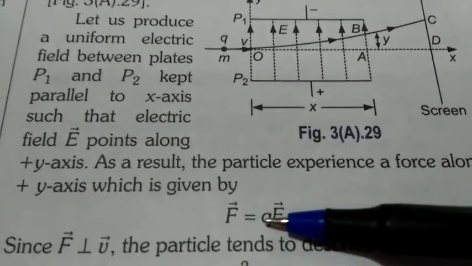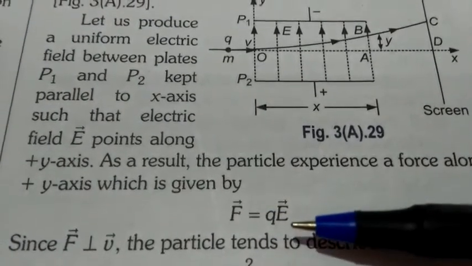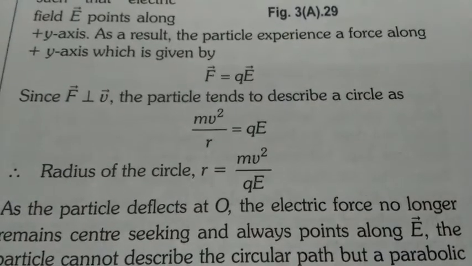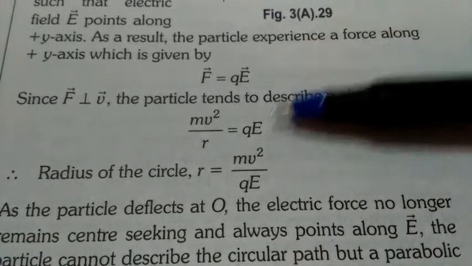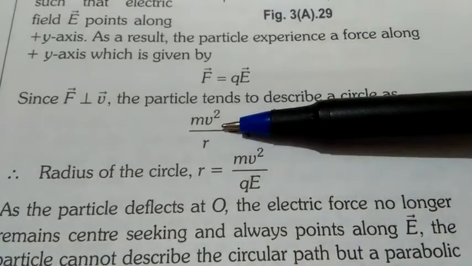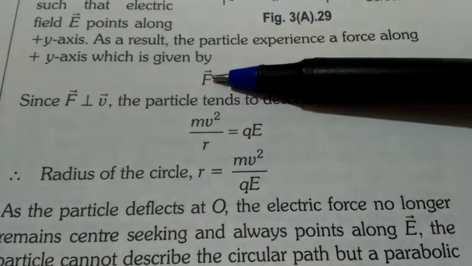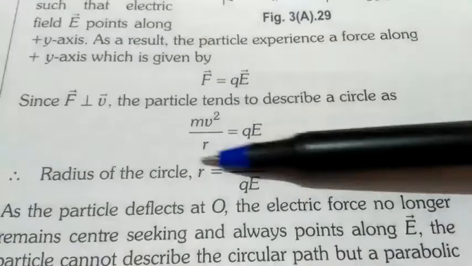Here the force experienced by the particle is F equals qE, because of which it is moving in the plus y direction, and because the particle starts moving in circular motion, a centripetal force will be there, and this centripetal force is provided by this force, so they are both equal.